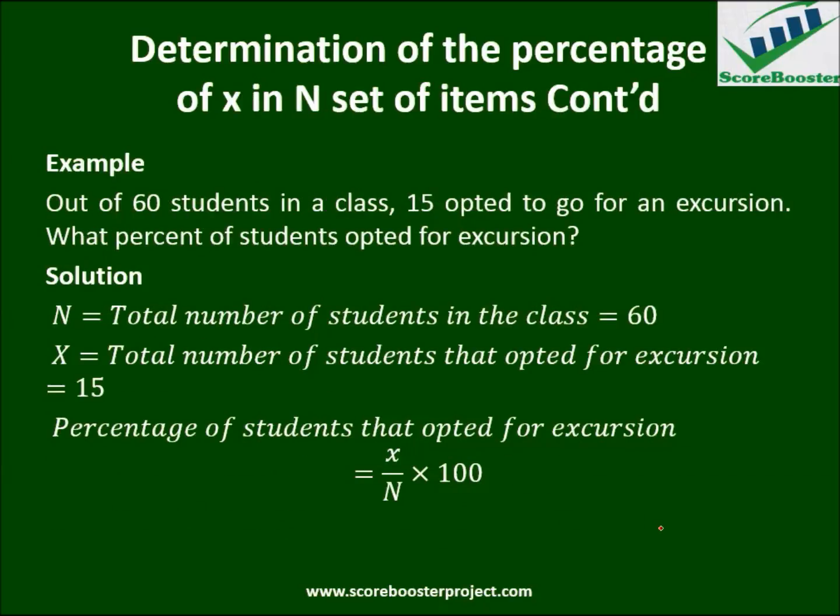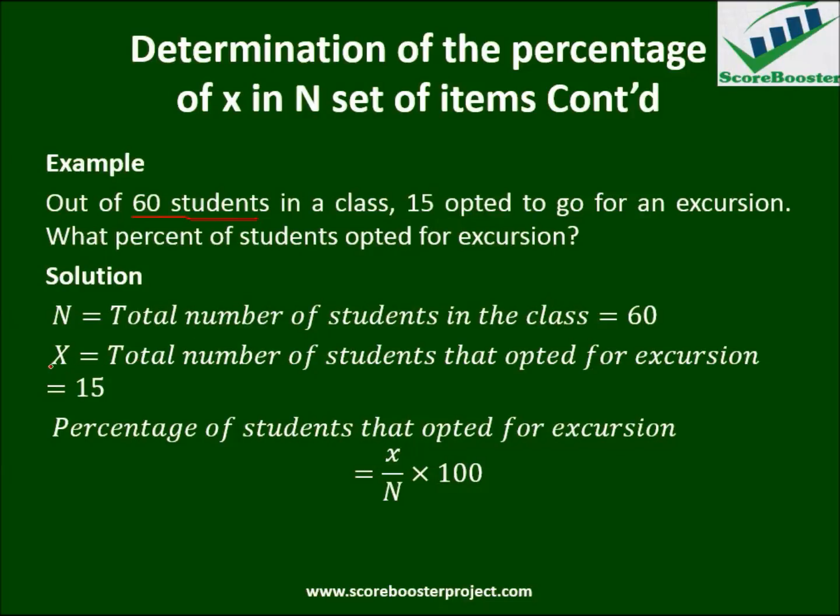Let's have another example. Out of 60 students in the class, 15 opted to go for an excursion. What percent of students opted for the excursion? So the solution. Let's take n to be the total number of students in the class, and from the question, 60 students are in the class, so n equals 60.